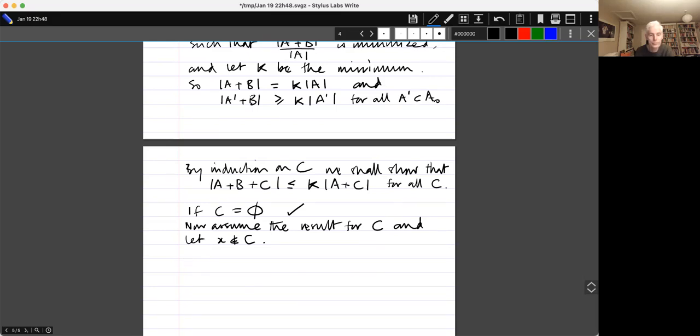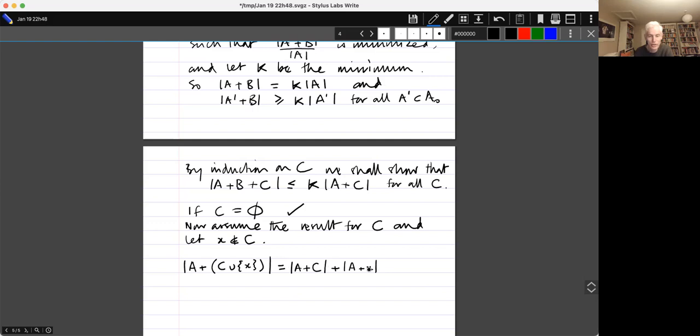So the size of A plus C union x equals the size of A plus C plus the size of A plus x. So what have I done here? I've just said we take all sums of the form something in A plus something in C. We take all sums of the form something in A plus x.